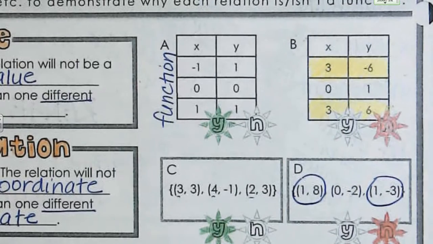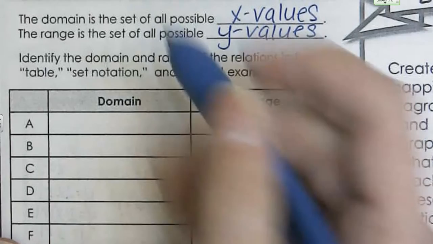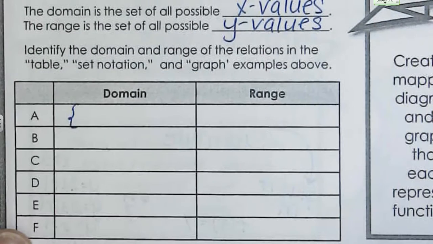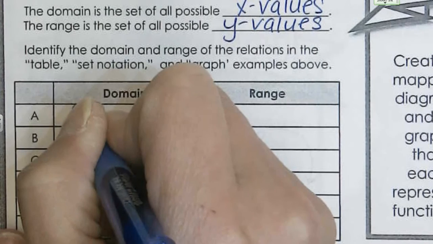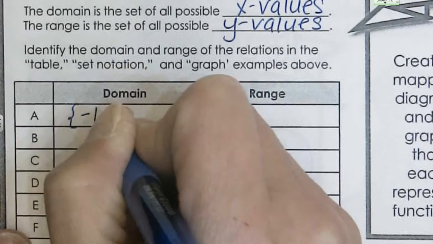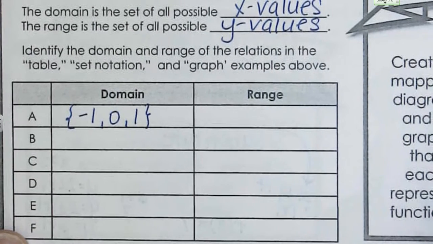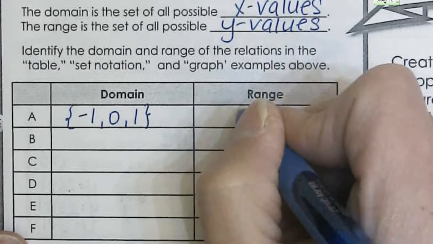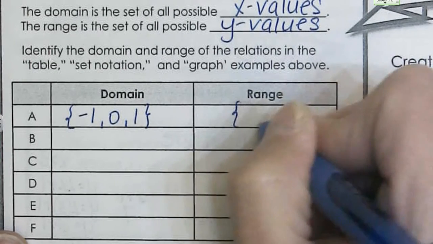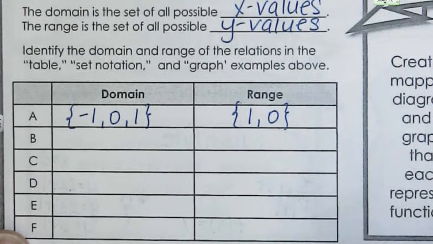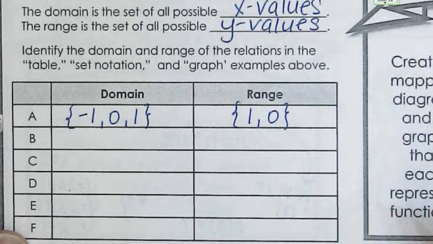To list my domain, I'm going to do that little squiggly bracket as best you can, and literally write those x values: -1, 0, 1. That's my domain. Whereas for my range, remember, the 1 got repeated, so we don't have to repeat it. We can just write 1 and 0. If you repeat it, it's not wrong, but you don't need to since those are the only values that were given.